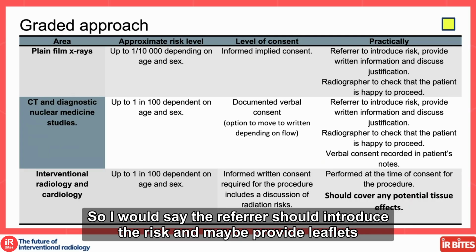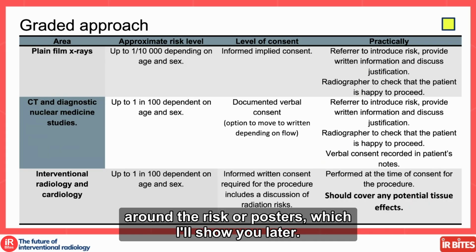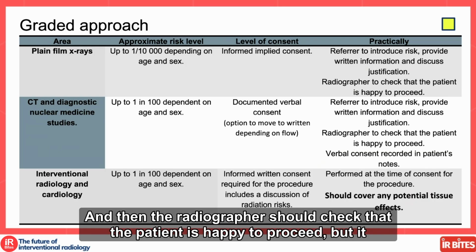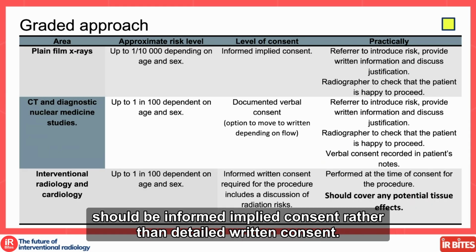So I would say the referrer should introduce the risk and maybe provide leaflets around the risk, or posters, which I'll show you later. And then the radiographer should check that the patient's happy to proceed, but it should be informed implied consent rather than detailed written consent.